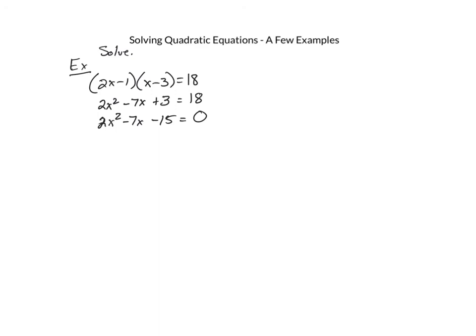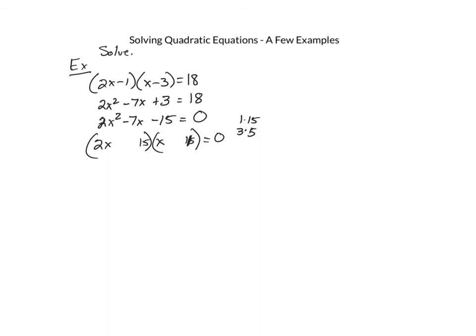So let's try. I'm going to set up my two sets of parentheses. And we have 2x and x. 15 is 1 times 15 or 3 times 5, right? And we're going to try 1 and 15. Nope, that doesn't give me the 7 in the middle. So I'd try 15 and 1. Nope, that doesn't do it.